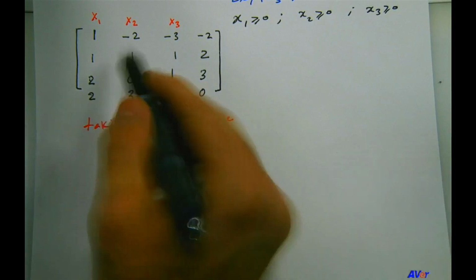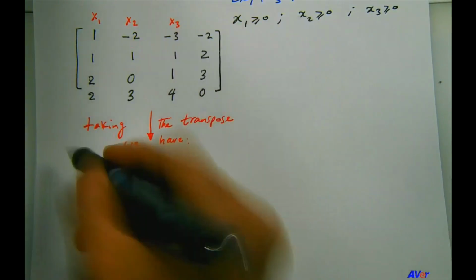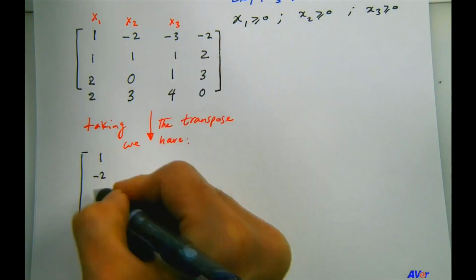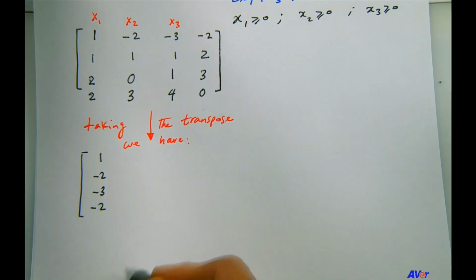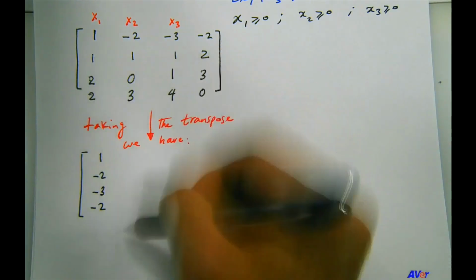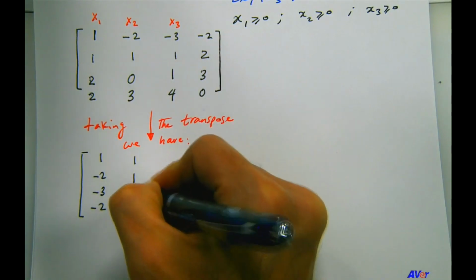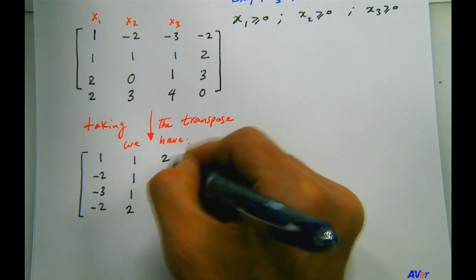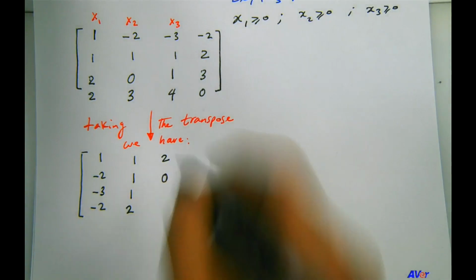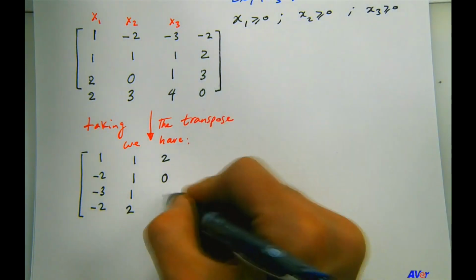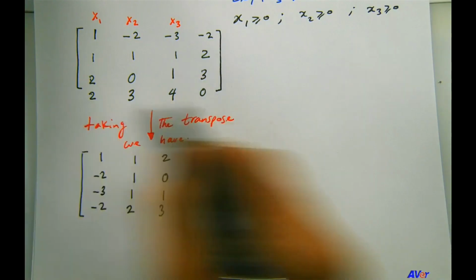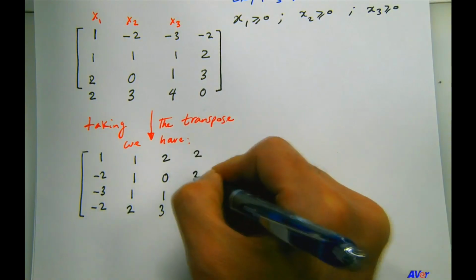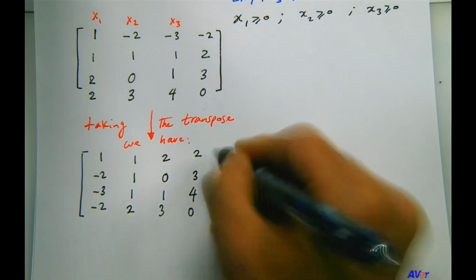Okay, so we have the first row becomes the first column in the transpose matrix. 1, -2, -3, -2. Then the second row becomes the second column. 1, 1, 1, 2. The third row becomes the third column. 2, 0. Right? So it's 2, 0, 1, and 3. And of course, the last row becomes the last column. So 2, 3, 4, and 0.